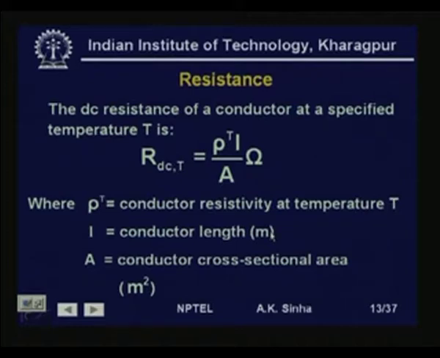L is the length of the conductor and A is the conductor cross-sectional area. If we take length in meters and cross-sectional area in meter squared, then we get this resistance in ohms, where rho_T is given in ohm meter.